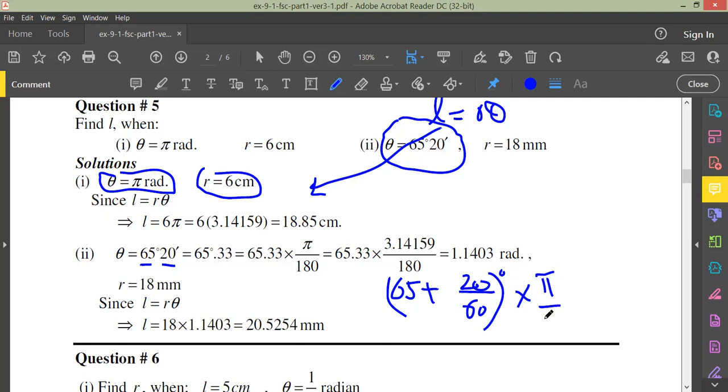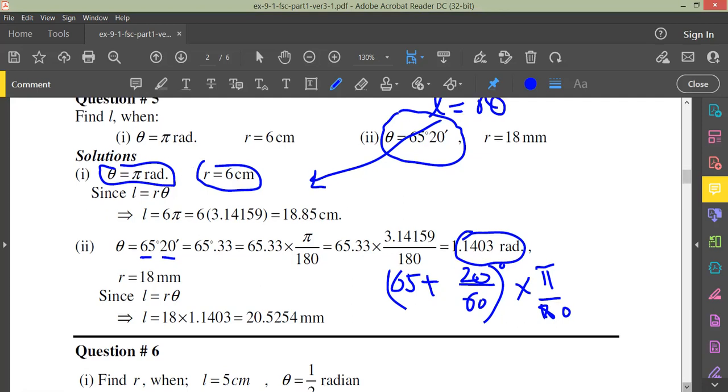So this will be the final answer of theta. Theta is equal to 1.1403 and R is equal to 18. So we apply the formula L is equal to R theta. Our final answer will be equal to 20.554.